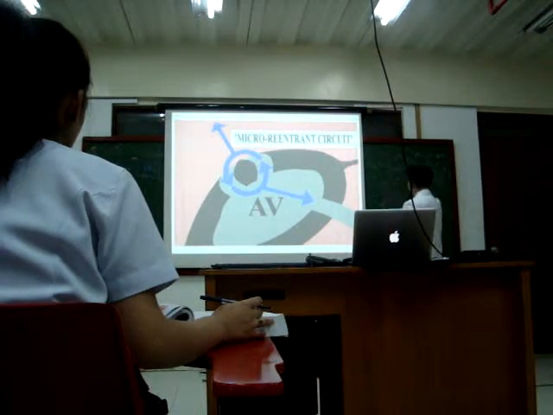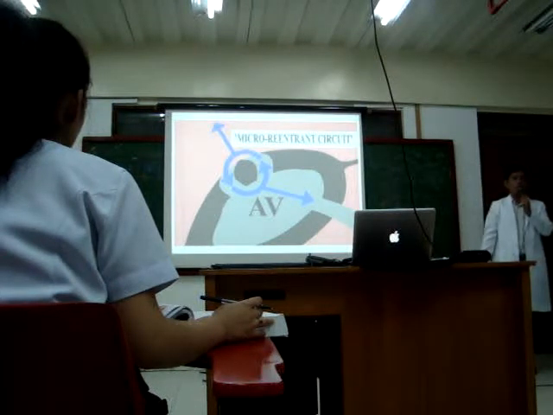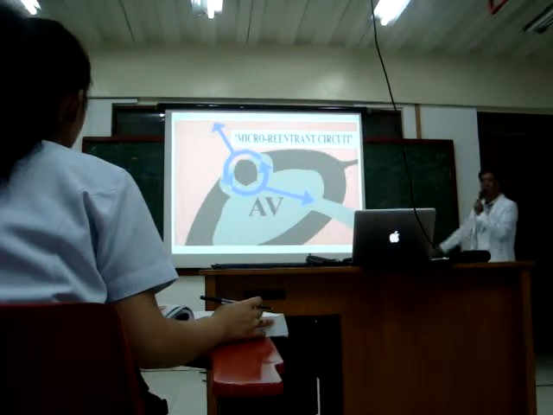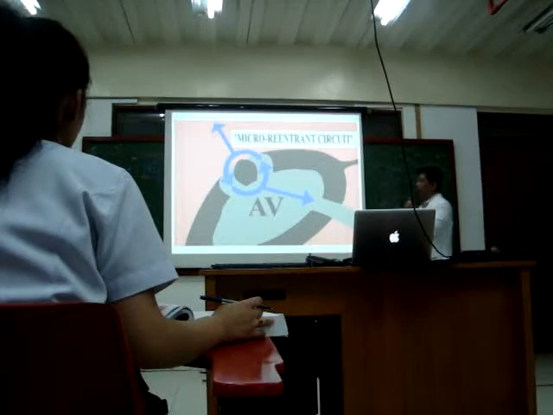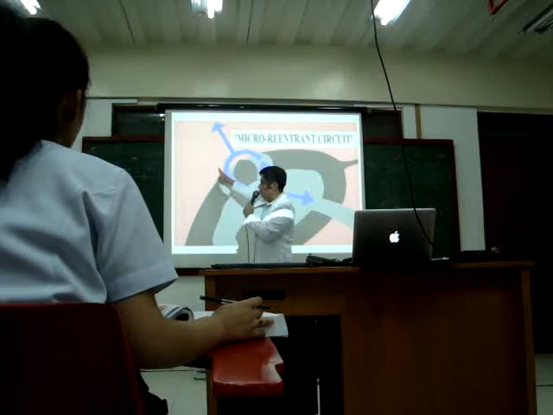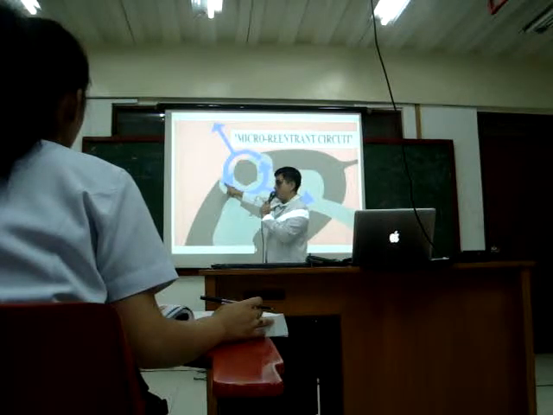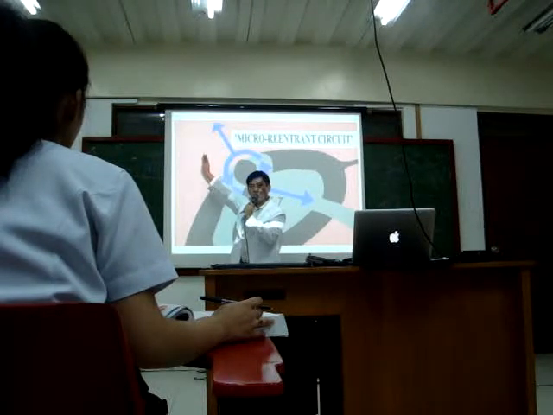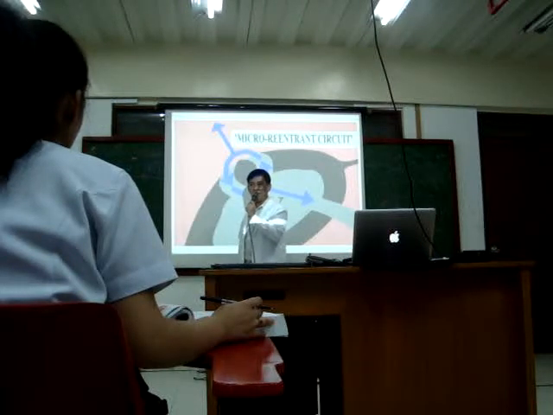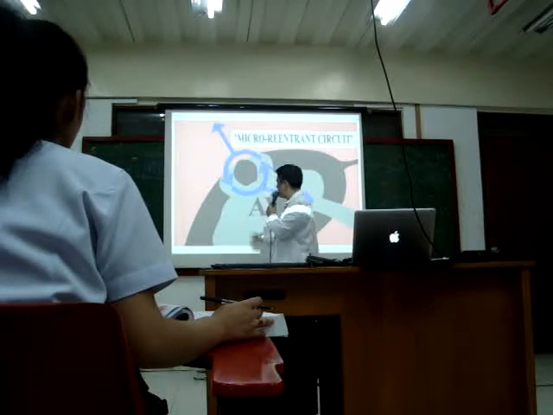If it's moving away from the lead, what direction does the wave point to? Negative. So in this case, if the depolarization from the SA node goes downward to here, it is going to be an upward P wave. But if it's a depolarization from the opposite direction, it will be an inverted or negative P wave.